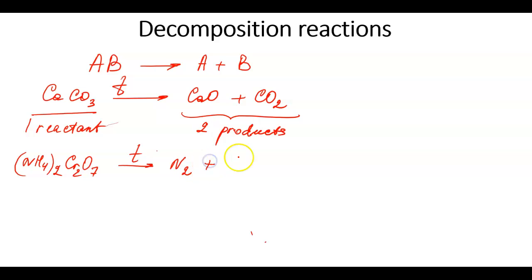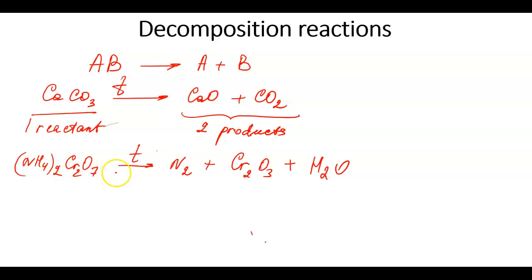The second one is Cr2O3, and as an ionic compound, it needs to be named like chromium(III) oxide, right? And then H2O.